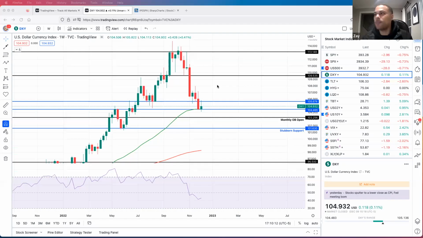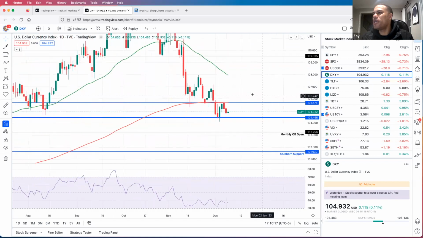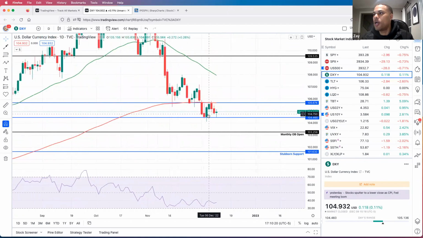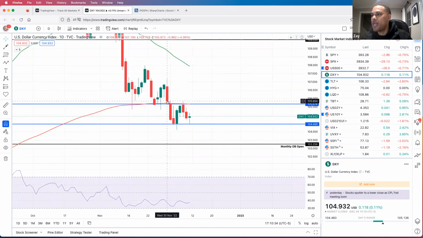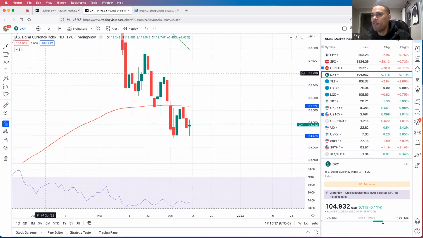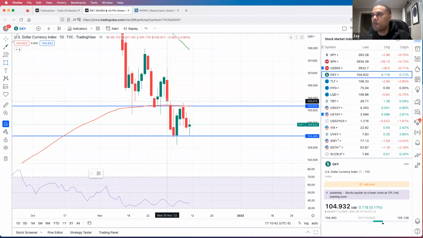So with that being said, let's go ahead and get into our first indicator, which is the dollar, right? Let's get into the update. The last time we talked about the dollar, I think it was Friday. No, because we had already started to bounce, because we were talking about the turn. And we mentioned that there was this gap here, a volume gap. Now, I did do some cleanup on the chart, so they don't look exactly the same as in our update, but basically there was a gap here.